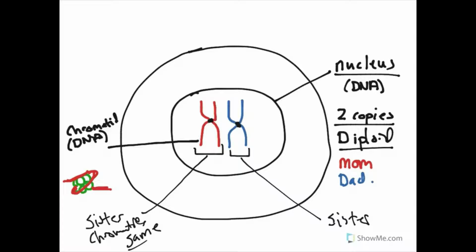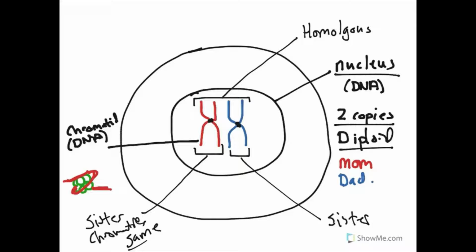Now, these sister chromatids, the 2 red ones, are identical to each other, and the 2 blue ones are identical to each other. But if we look at the red one and the blue one, they are not the same. As the red one comes from your mom and the blue one comes from your dad, and they are not the same person, you are seeing 2 genetically distinctive individuals. These are referred to as homologous chromosomes.